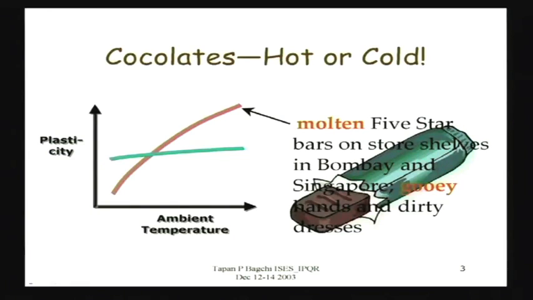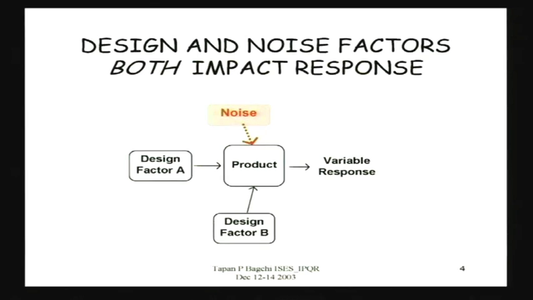Number two, you also got to make it robust. For that, you may have to play with the recipe. And this playing with the recipes can be done in a controlled setting using design of experiments. So that's one approach. Let me show you another approach. I have noise.